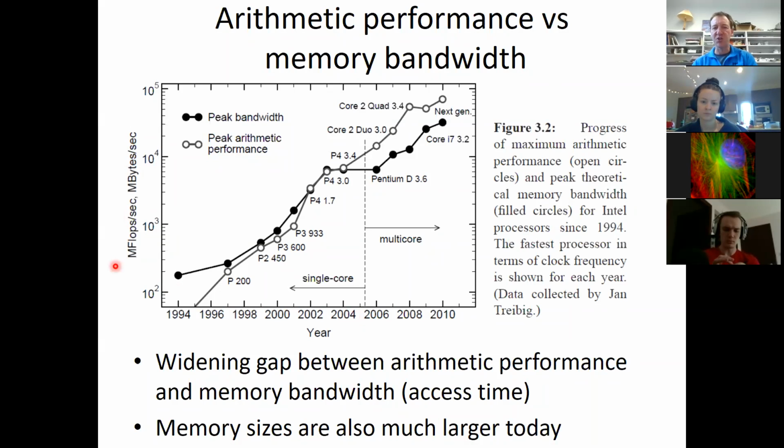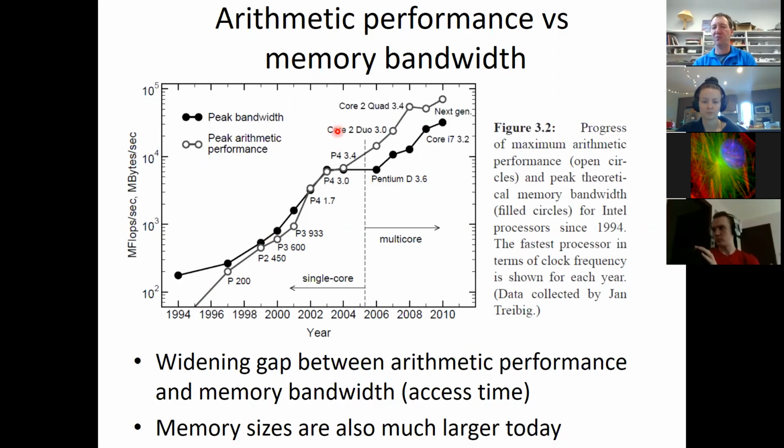And on the y-axis is either the arithmetic performance in megaflops per second or the memory bandwidth for this processor generation. And what you see is from 1994 to maybe 2004, 2005, it's a relatively equal battle between arithmetic performance and memory performance. So these two kept in line reasonably well with each other.